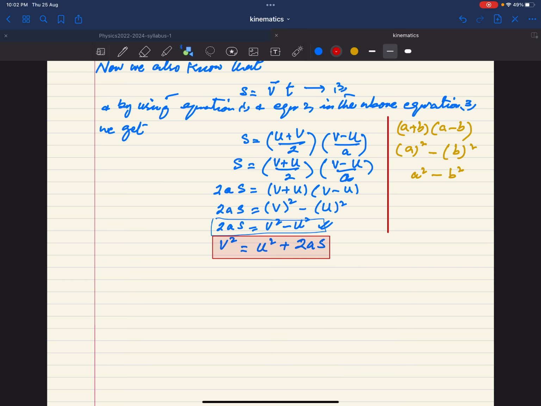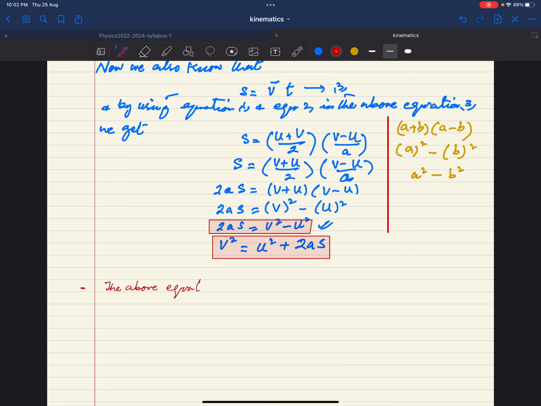Both these equations are basically the third equation of motion. I mean, only the form is changed, but both of these equations are the third equation of motion.